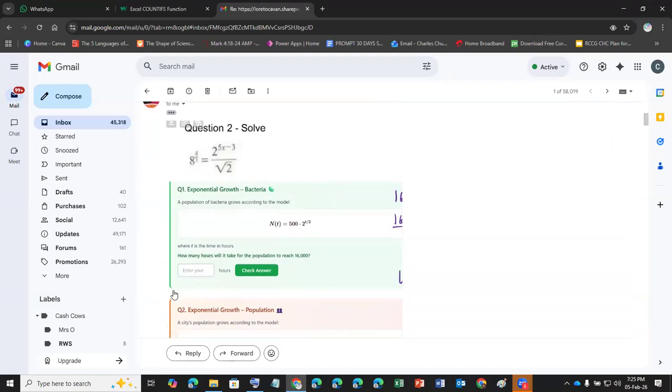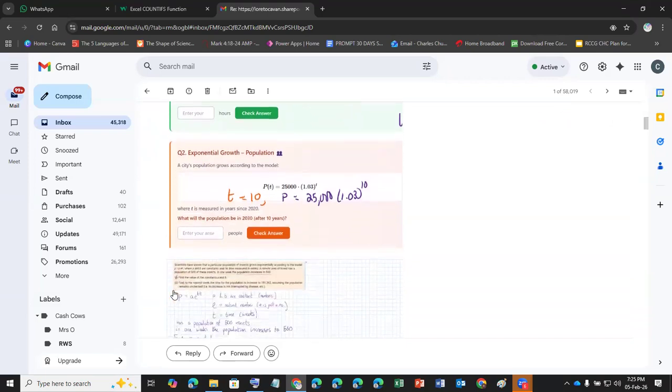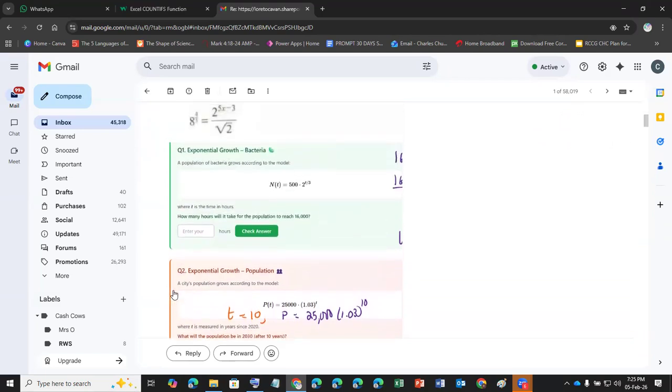I think in this case, most of the time we rely on log tables for our values for logarithms, right?